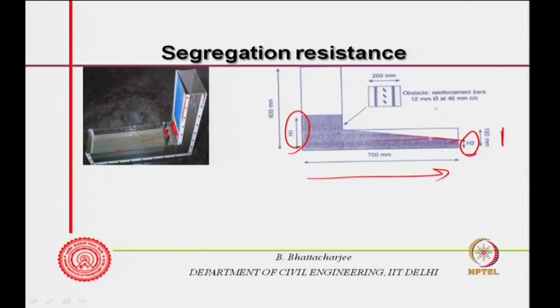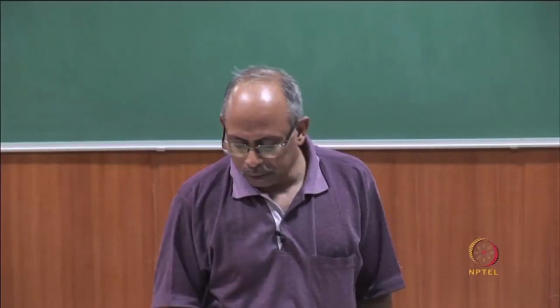So, allow it to pass through, and if h 2 by h 1 equals 1, then it is perfectly self compacting. The water would actually make these two heights the same, but for self compacting concrete, this should have a minimum ratio, that ratio is 0.8.